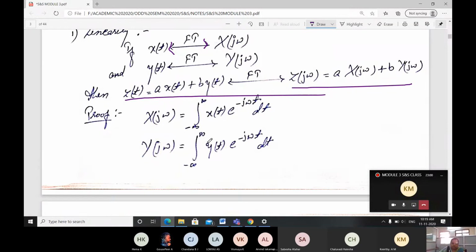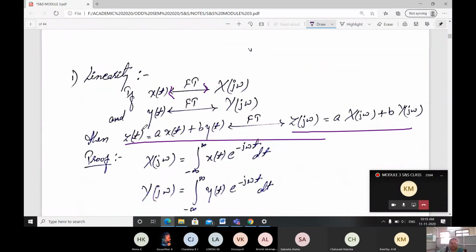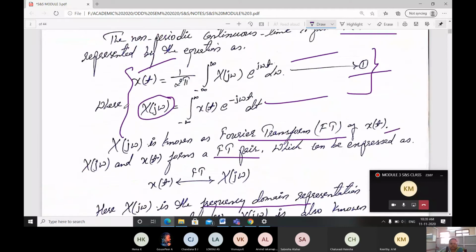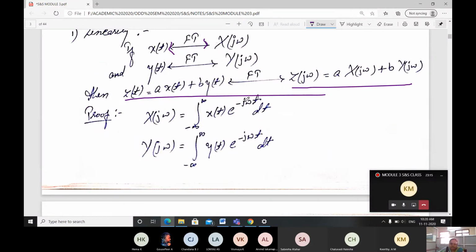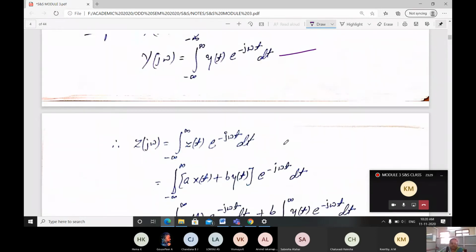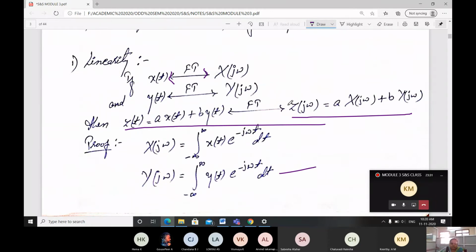Now we'll derive this; we can go to the proof. From the basic equation, X of j omega is equal to integration from minus infinity to plus infinity x of t e raised to minus j omega t dt. Then Y of j omega is equal to integration from minus infinity to plus infinity y of t e raised to minus j omega t dt. Then what can I write?